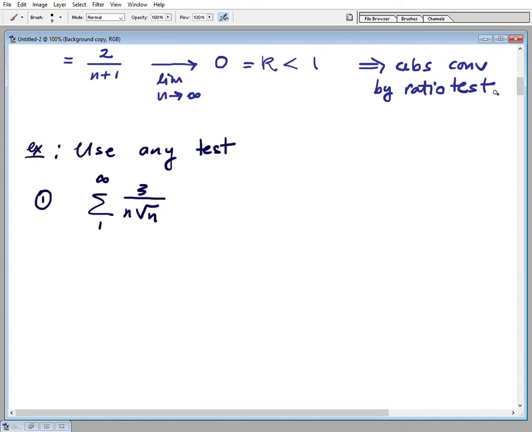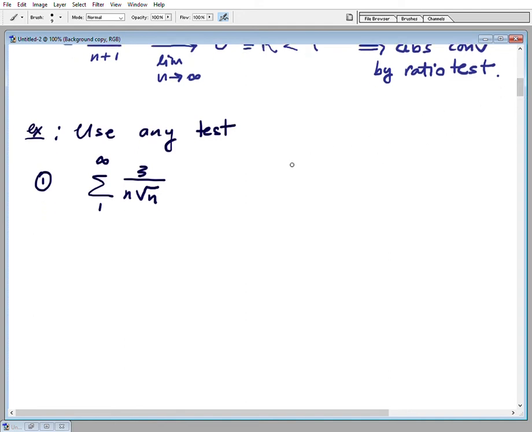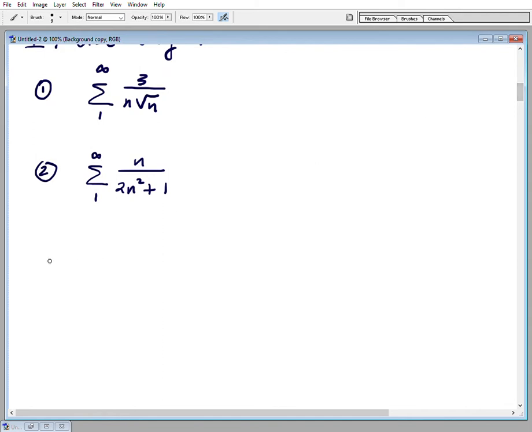Really, what you have to get good at is identifying which test to use. It's similar to Math 16, where we had to identify which integration technique works. So here we have to identify which test. I think we won't even do all of these. I'll just write them down and we'll identify the test rather than actually do the test. I think that's a better exercise. I'll just put a bunch down.